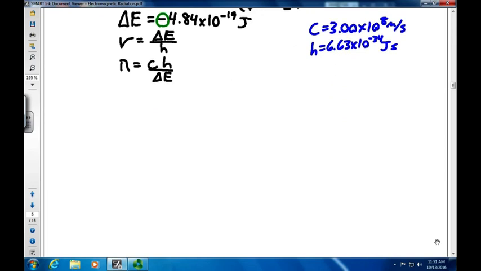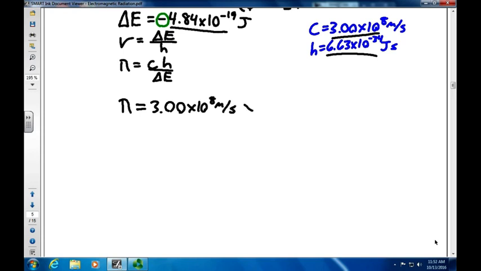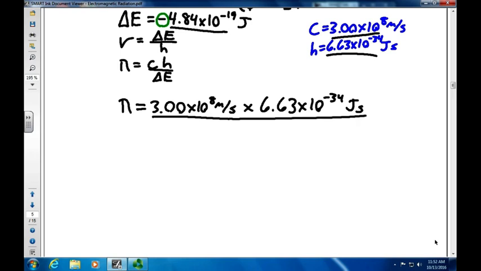Plugging in the values that we have for delta E, C, and H, our wavelength will be 3.00 times 10 to the 8th meters per second times 6.63 times 10 to the minus 34 joule seconds, all over 4.84 times 10 to the minus 19 joules.